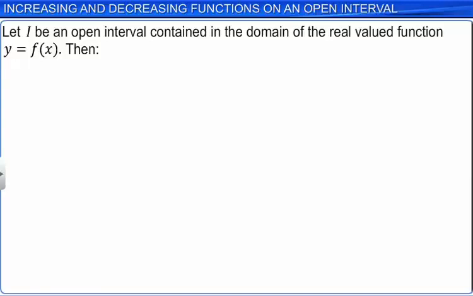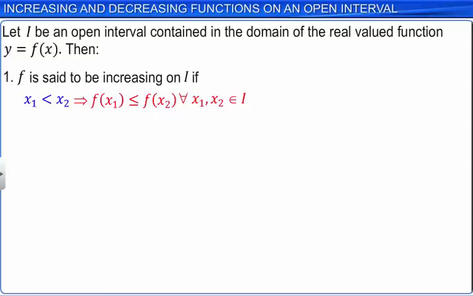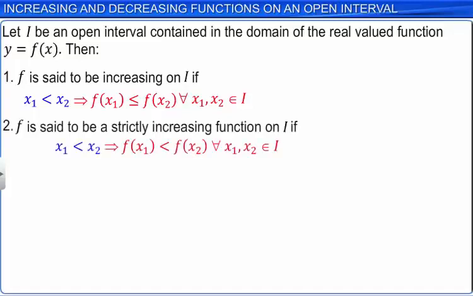Then, f is said to be an increasing function on interval I if x1 < x2 in I implies that f(x1) ≤ f(x2) for all x1, x2 in I. However, if f(x1) is strictly less than f(x2) for all x1 < x2 in I, then f is said to be a strictly increasing function.